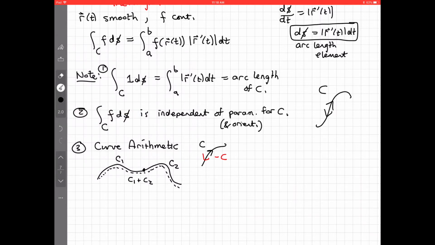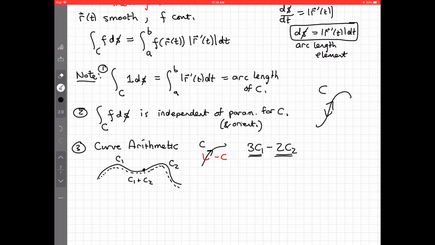So we can actually write down expressions like 3C1 minus 2C2, and what that would mean is to run along curve C1 3 times and run backwards along curve C2 twice. The curves don't have to actually start and end in proper places, like adjoining places, for us to define this.